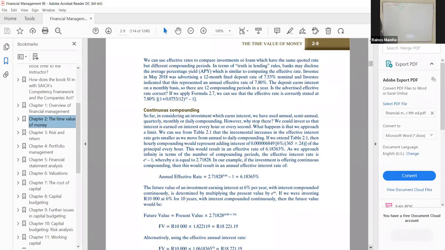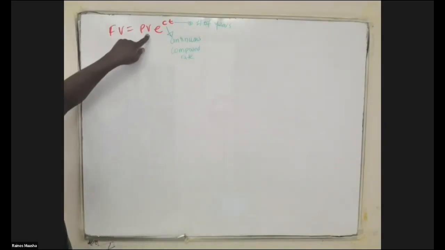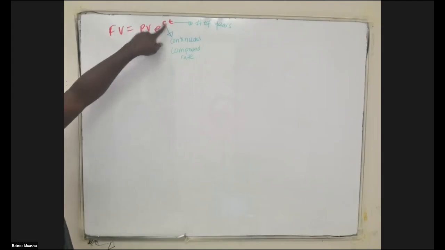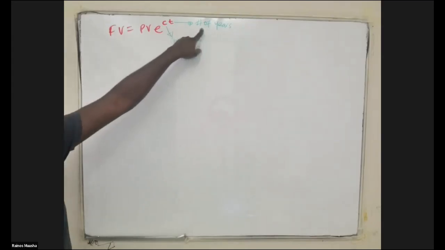Which means with continuous compounding, the future value is given as the present value multiplied by the exponent of the continuous compound rate multiplied by the number of years.